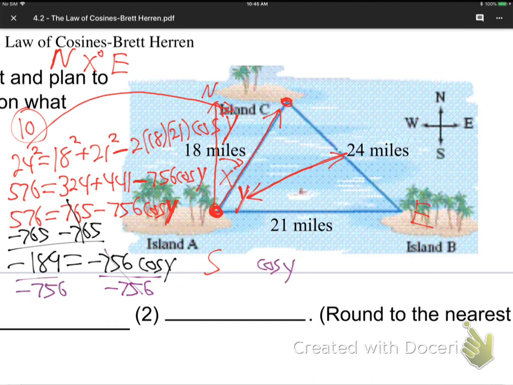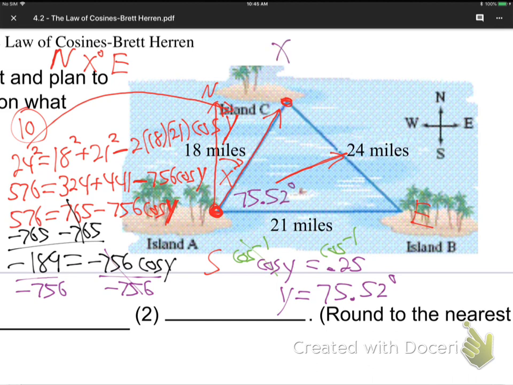Boom. So cosine y equals 0.25, that's nice. And so then we do inverse cosine. Inverse cosine cancels out. So y equals inverse cosine of 0.25, 75.52 degrees. You getting that? So angle y is 75.52 degrees.